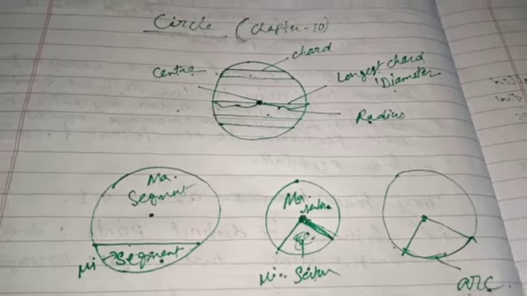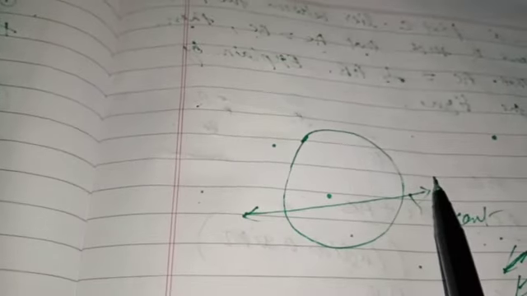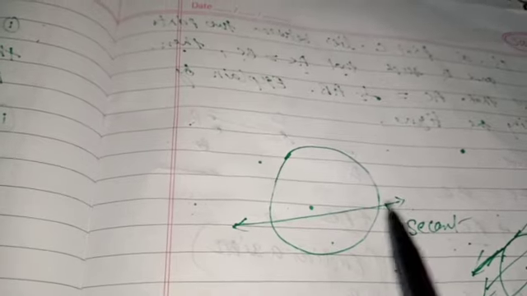So next, what will you get in class 10? See, when you draw a line segment from this point to another point, this is called what? Chord. If a line passes through the circle, see, it is called what?